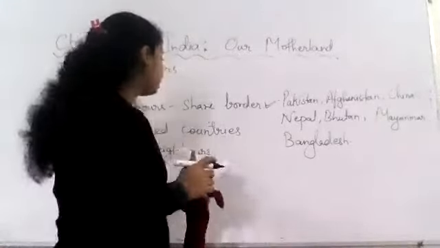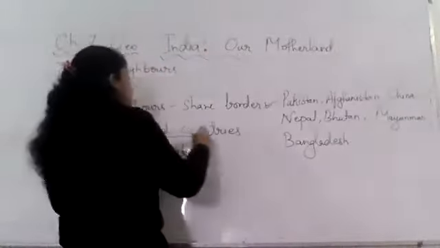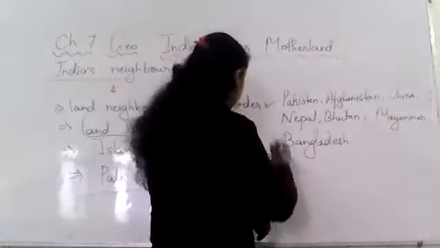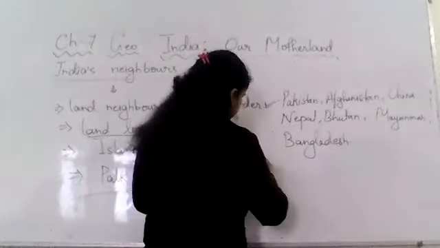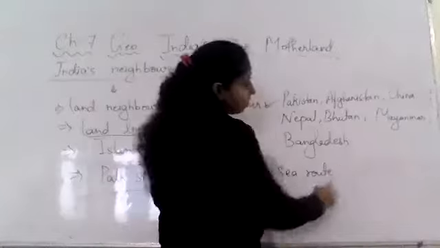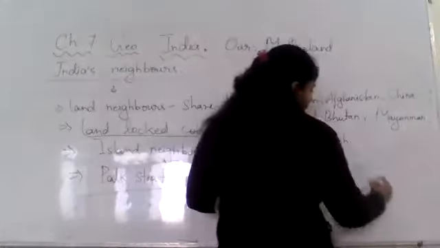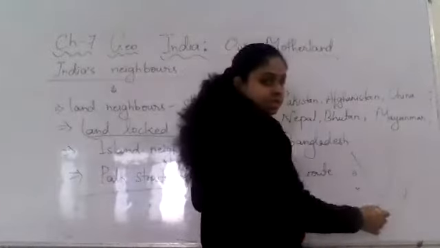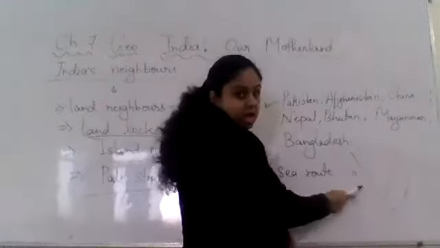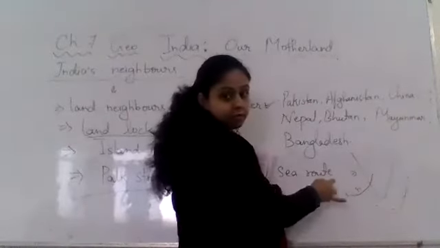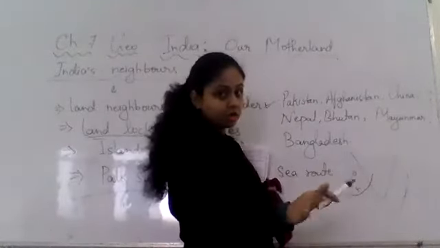Okay. Then there are some countries which are landlocked countries. That means they don't have any sea. Like when you see the map of India, you will find this whole is ocean and sea. We have the Bay of Bengal, Indian Ocean. So if anyone wants to go anywhere from India by the sea route, they can easily go.